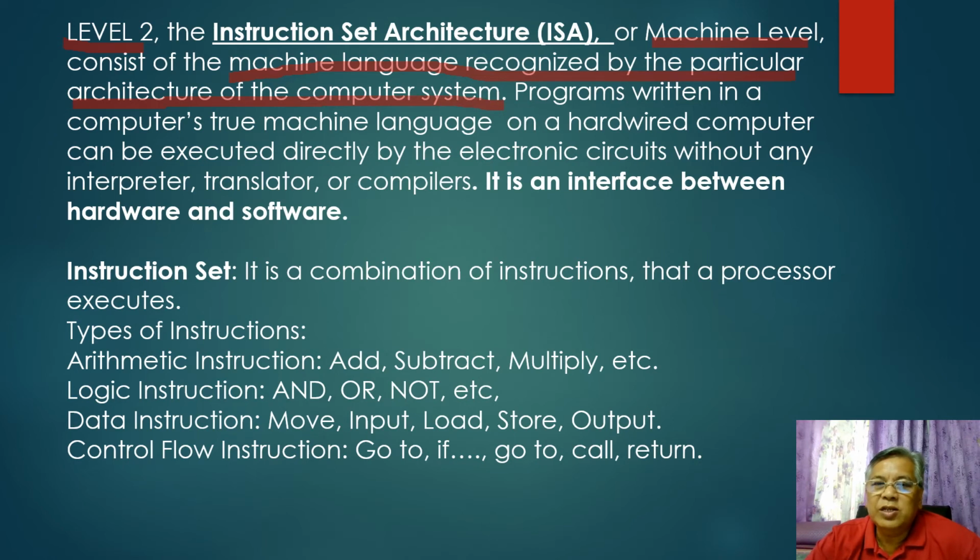An example of which is, again, your x86, which is being used by your AMD and Intel Corporation. Now, programs written in machine language on a hardware computer can be executed directly by the electronic circuits without any interpreter, translator, or compiler. It is an interface between hardware and software.